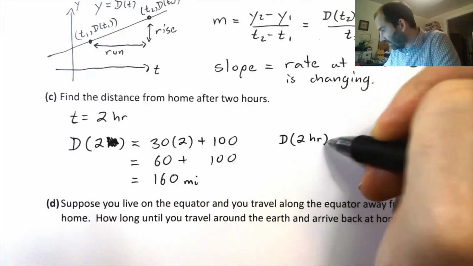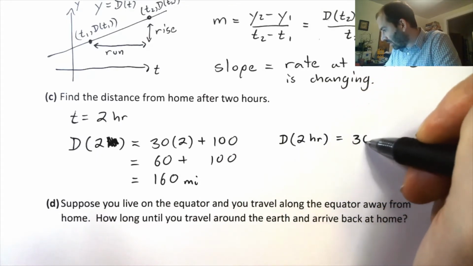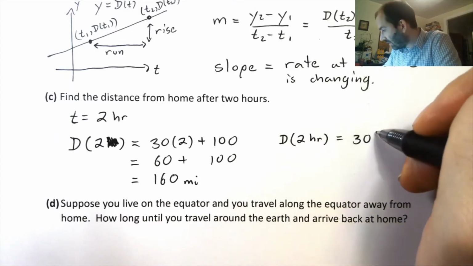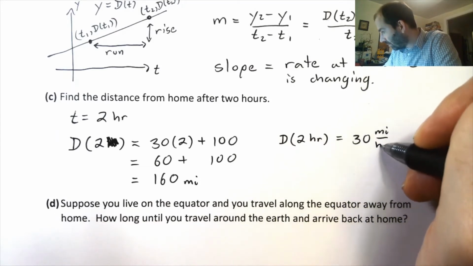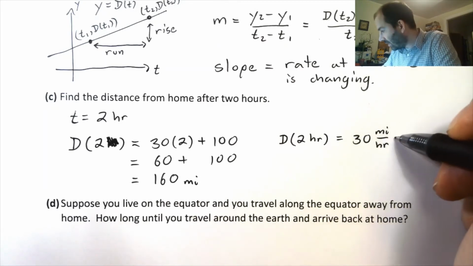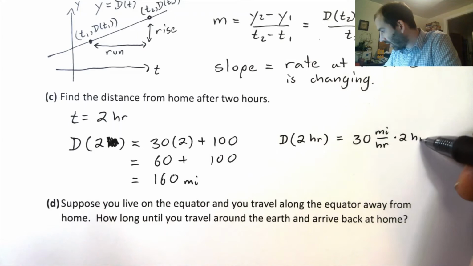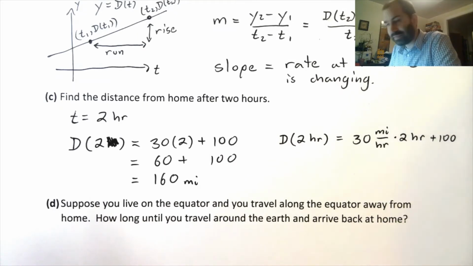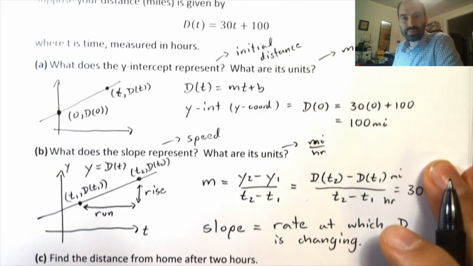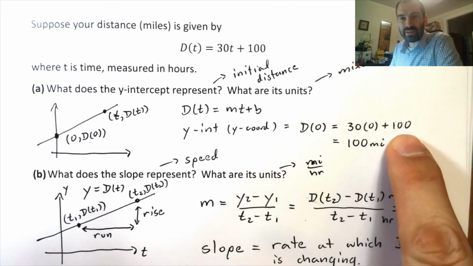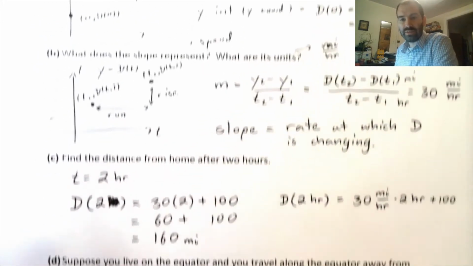2 hours. Now, d is equal to 30. What are the units on the 30? We said the speed was miles per hour, times t, 2 hours, plus 100. Well, 100 was our starting distance, and that was measured in miles, right?